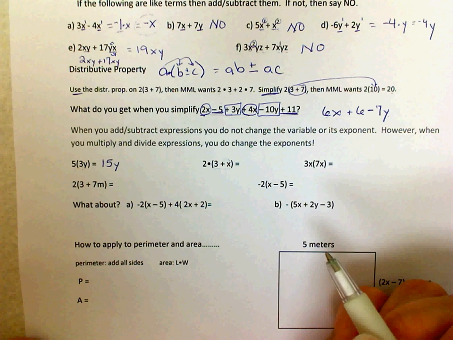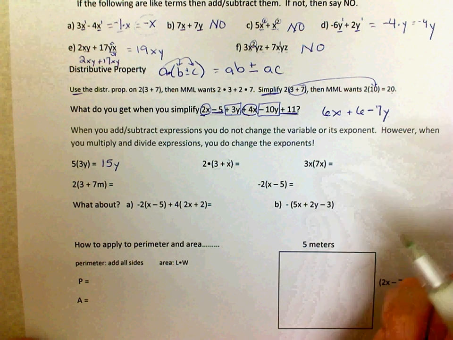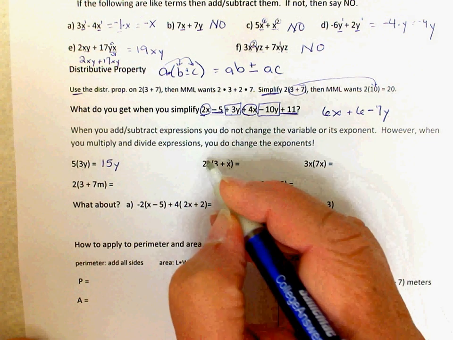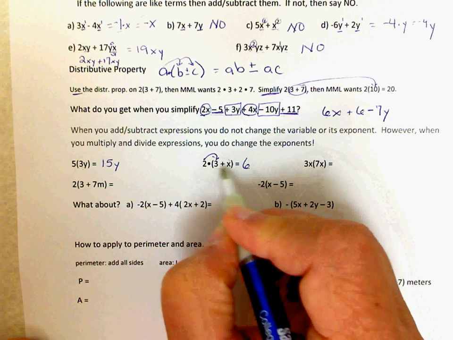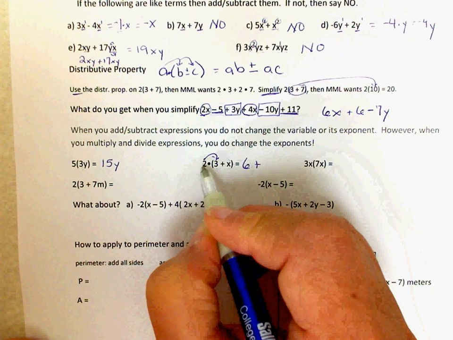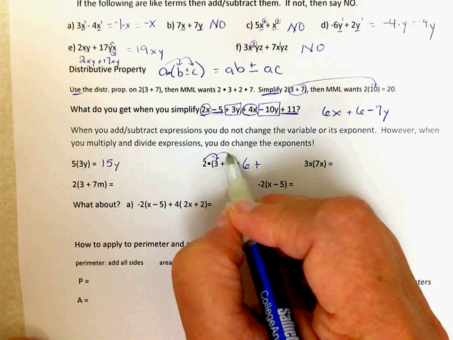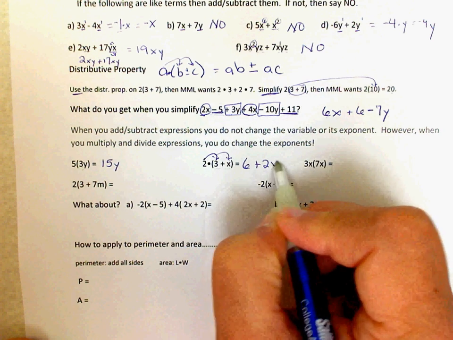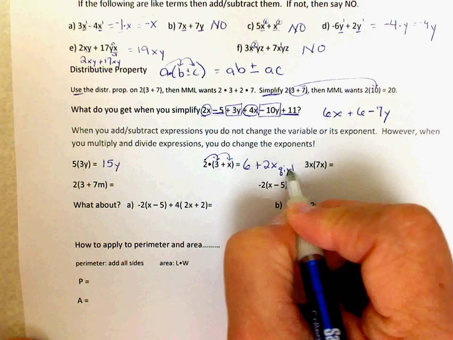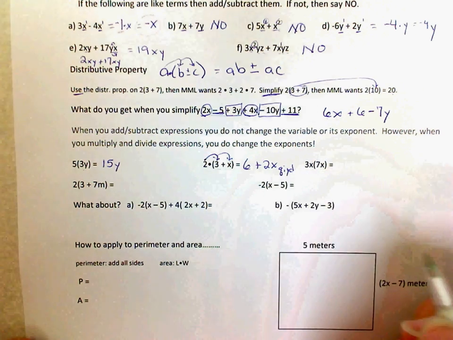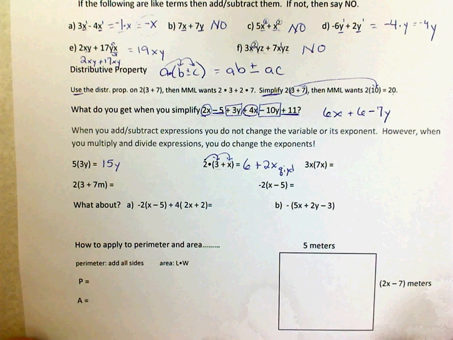Do not put them together. So I take 2 times 3, which is 6, and then there's a plus. 2 times x gives us 2x. And then you QIYD. Quit, idiot, you're done. Don't do anything else, because if you do, it's wrong.